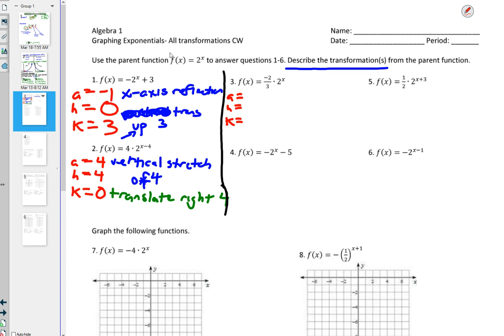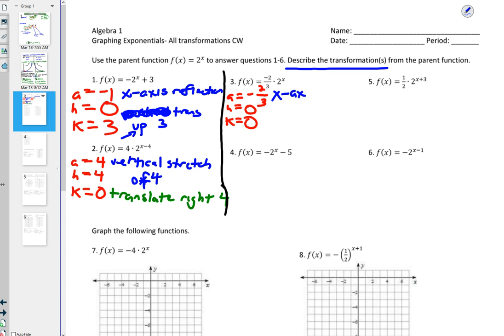A is -2/3. What is H? 0. What is K? Also 0. So what transformations are happening on 3? Yes, we do have an x-axis reflection.